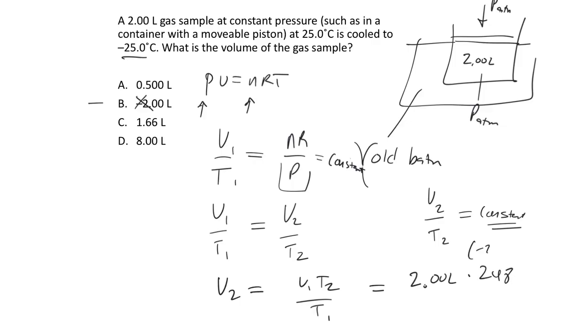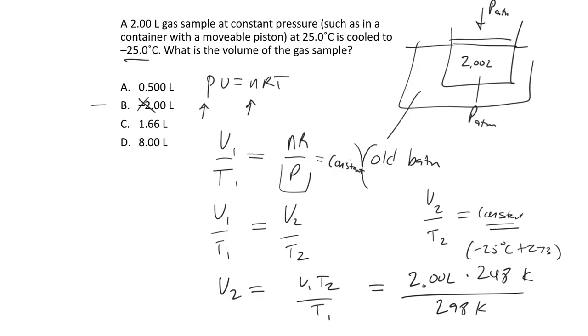So I'm just taking negative 25 degrees C plus 273 to convert over to Kelvin, and then dividing by my initial temperature, 25 degrees C or 298 Kelvin. And of course, I should expect the volume to decrease, and it does. It decreases to 1.66 liters.